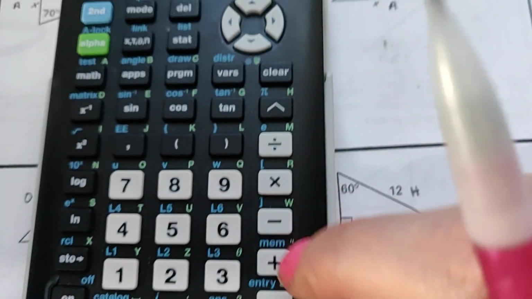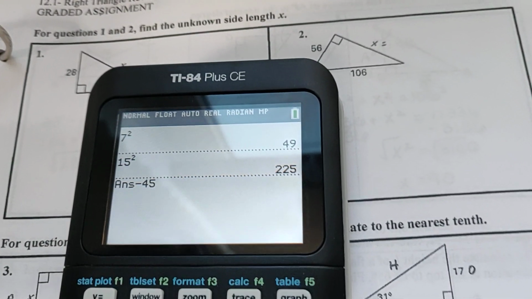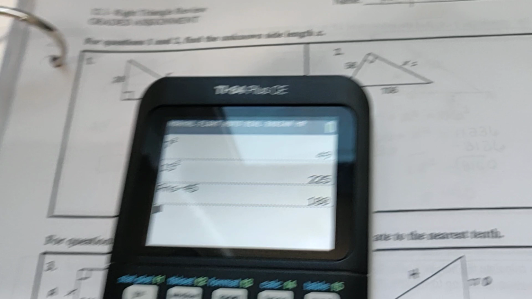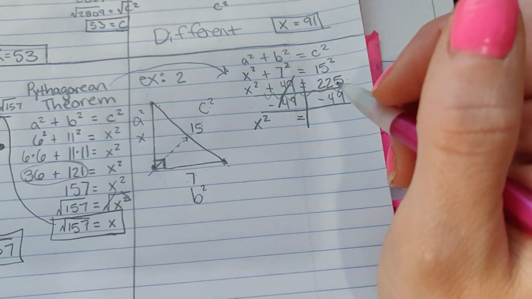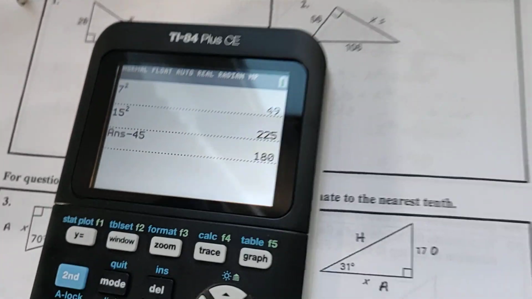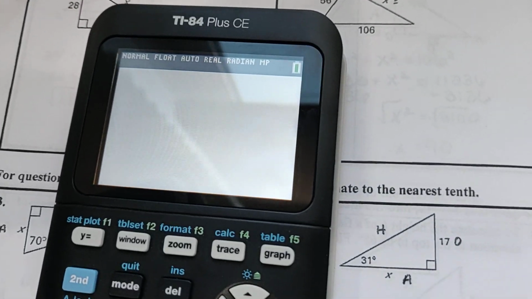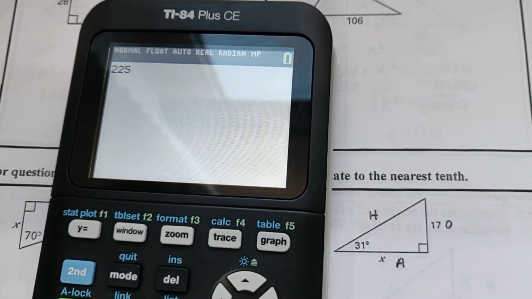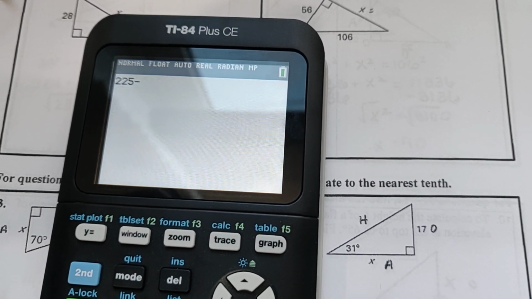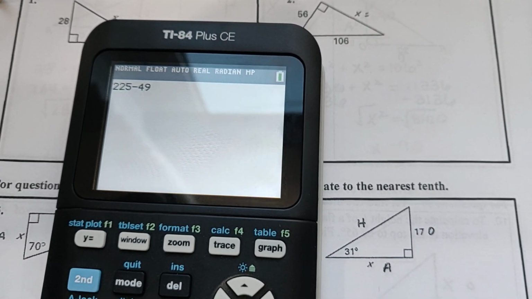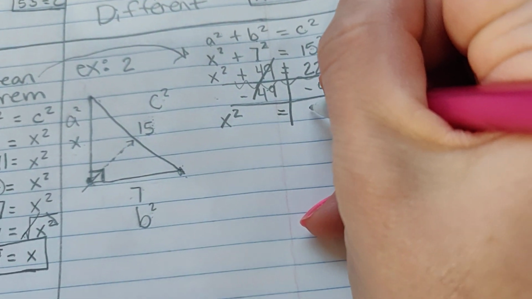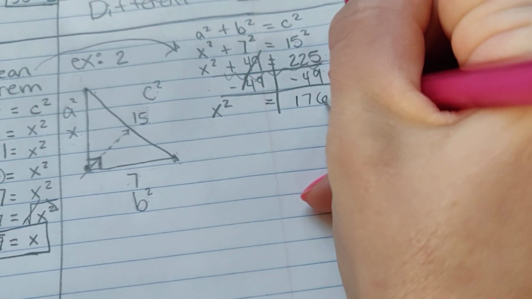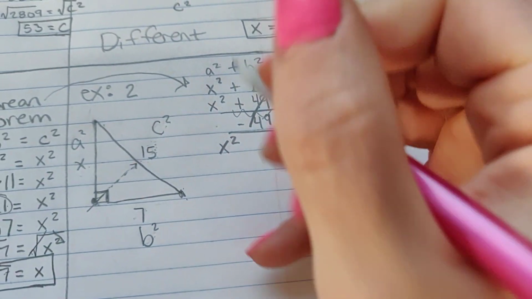Did I say 45? I lied. 225 minus 49. I said 45, I meant 49. Equals 176. That's why it's always good to double check your answers in your work.